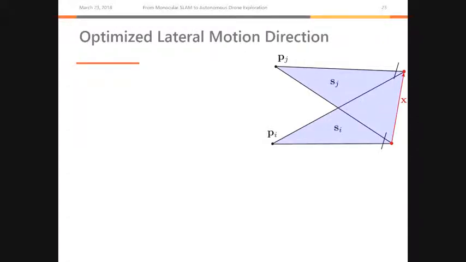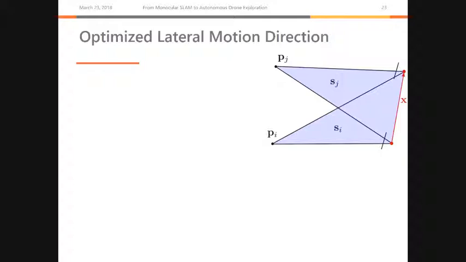Okay. So for the calculation of this direction, they model the problem like this. These two are the features, and this is the motion of the camera.